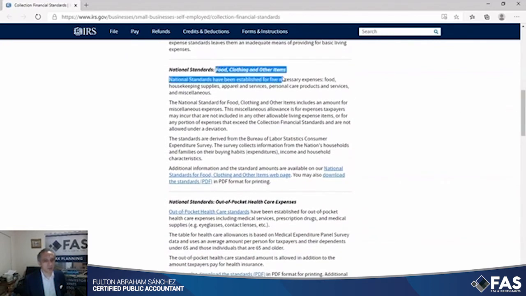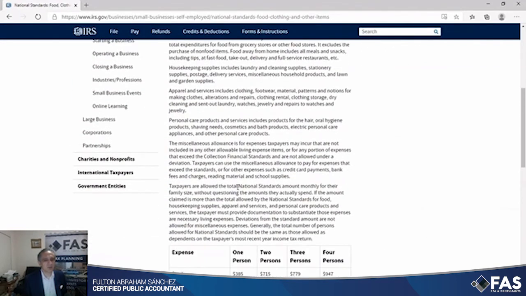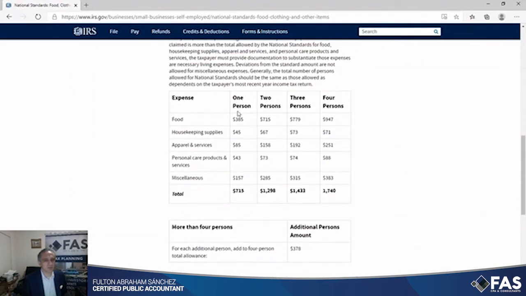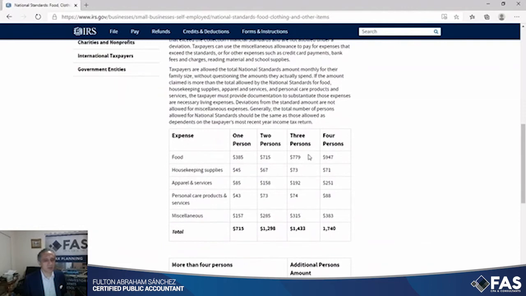For food, for example, they're going to tell you depending on the number of people in a family. For one person, 2 people, 3 people, and 4 people. For example, in food it is 385, 715, 779, and 947.